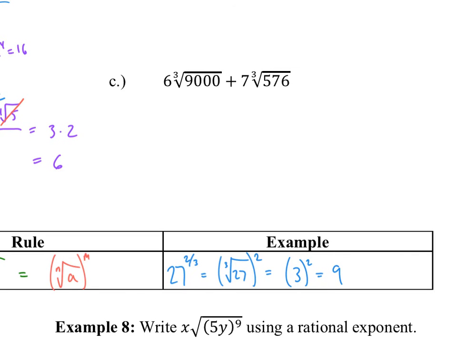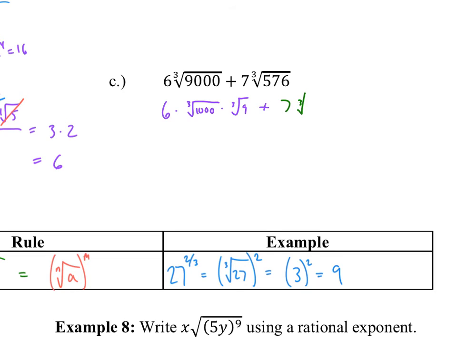So here I have some cube roots. So I want to look for a perfect cube that goes into 9,000. And 10 times 10 times 10 is 1,000. So this is 6 times the cube root of 1,000 times 9, cube root of 9, plus 7 times, I need a perfect cube that goes into 576, and we all know our factors of 576.